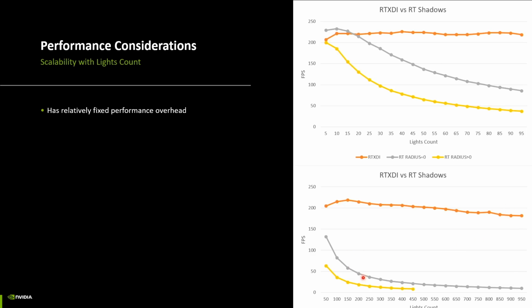But you can see that with traditional ray tracing, past a certain number, 250 lights, it just goes to nothing. And then at 400, 500 lights, it just stops working. So the fixed performance overhead and the fixed GPU cost really helps you to construct scenes that just look good and focus on that.